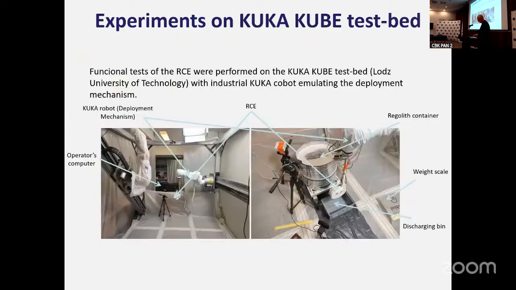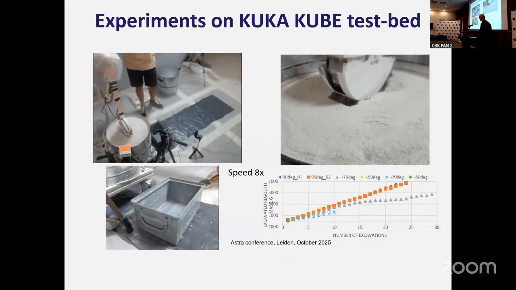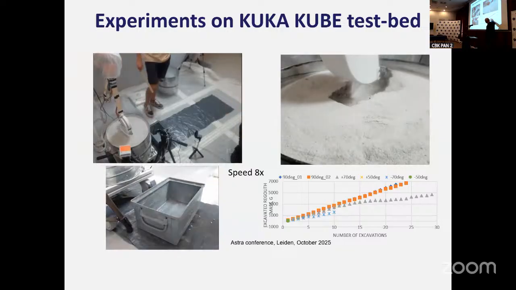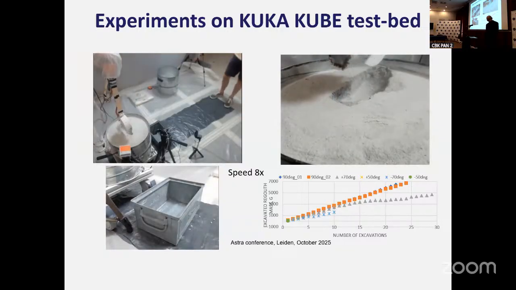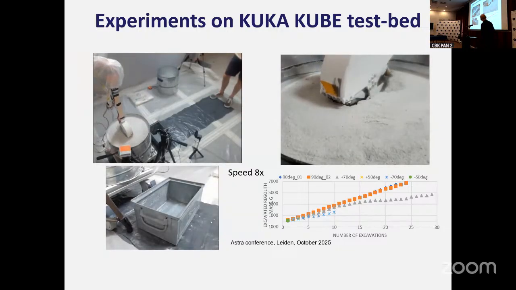So this was one particular test which was interesting. The second one was done at the University of Łódź. They have manipulator arms. As you see, they prepared a very nice place, secured the arms. And what we did there, we just dug into the soil to get such a curve. And this curve allows us to define the performance.